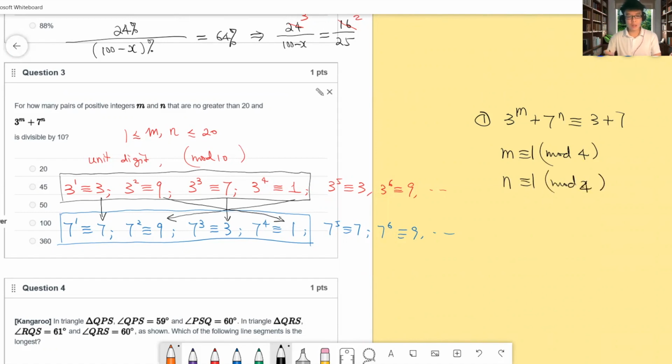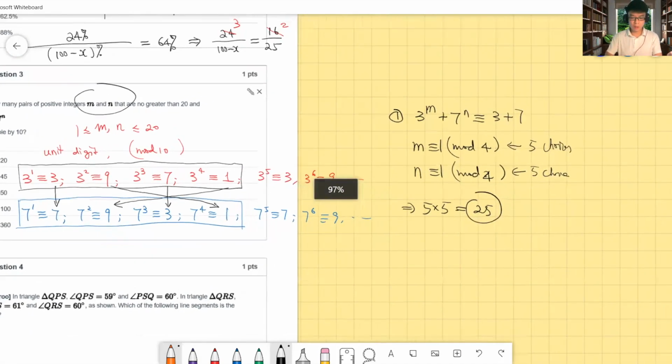And m and n are from 1 to 20. So each one has 5 choices. So that corresponds to 5 times 5, 25 combinations.